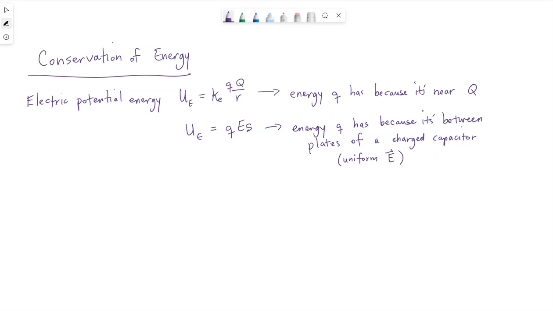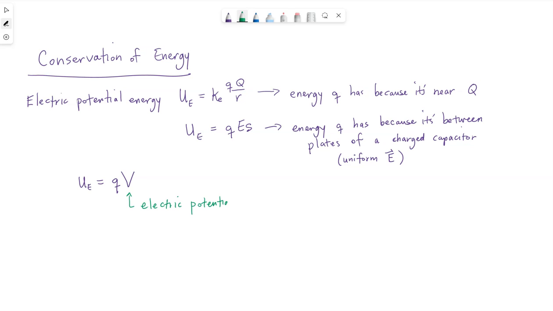Generically, we can say the potential energy a point charge has is determined by its own charge times what we call the electric potential, which we've been talking about in previous videos.